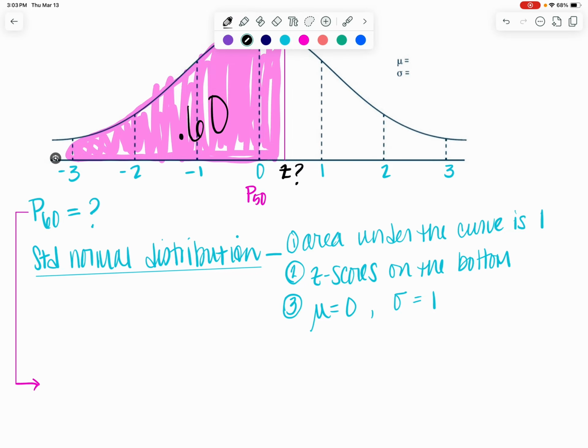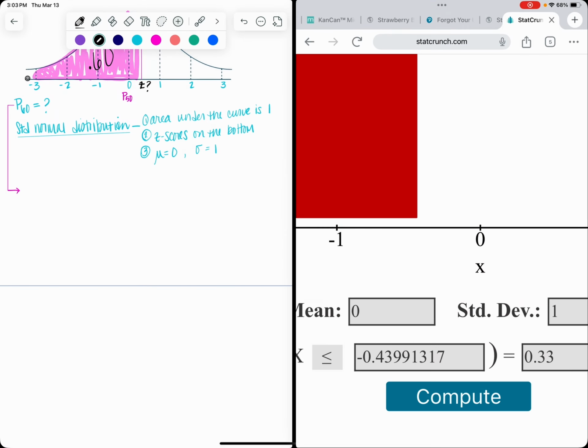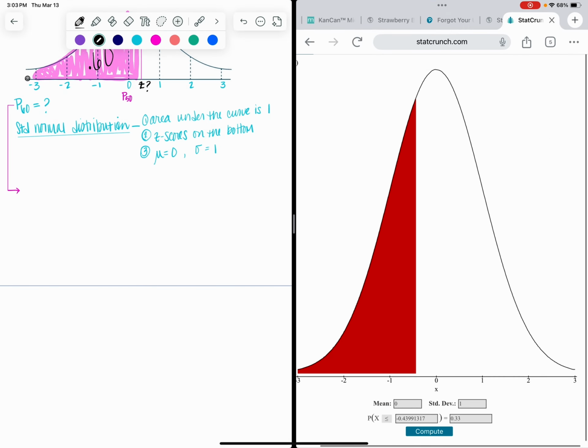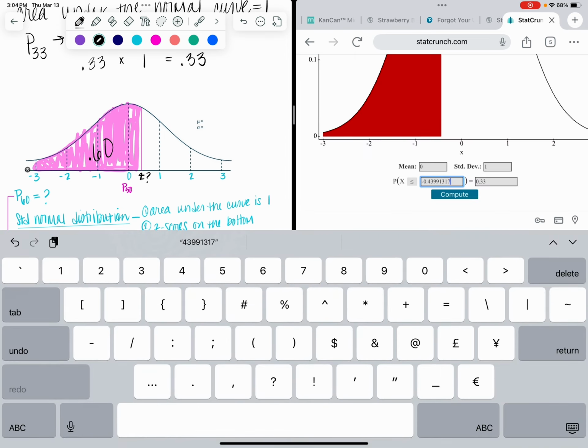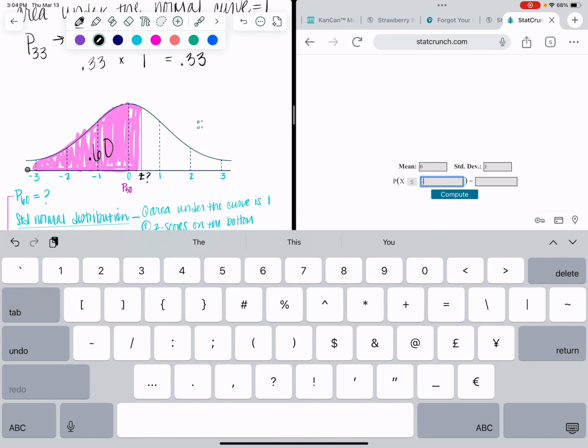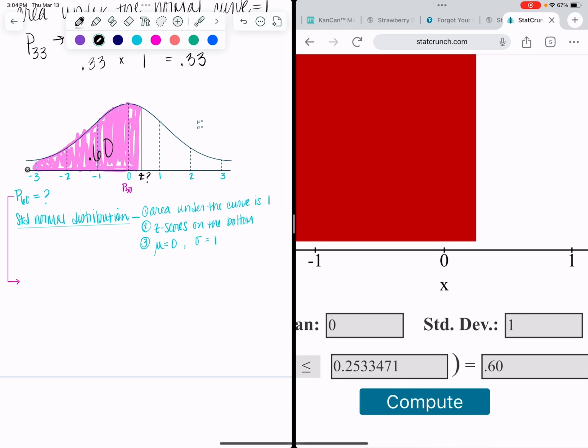So when I plug it into StatCrunch, I'm still going to use my normal calculator. Mean and standard deviation aren't going to change. I don't know the z-score again, but I do know that the area is 0.60. So I compute, and I find out that P60 is 0.2533.